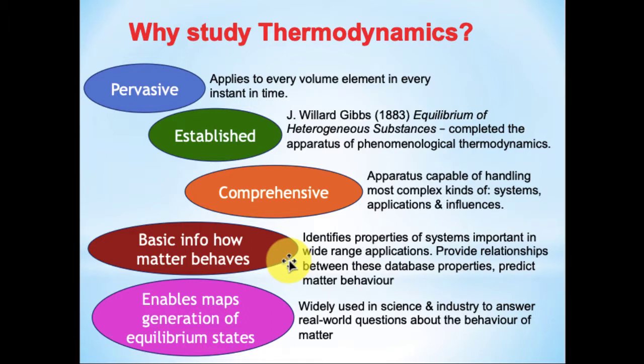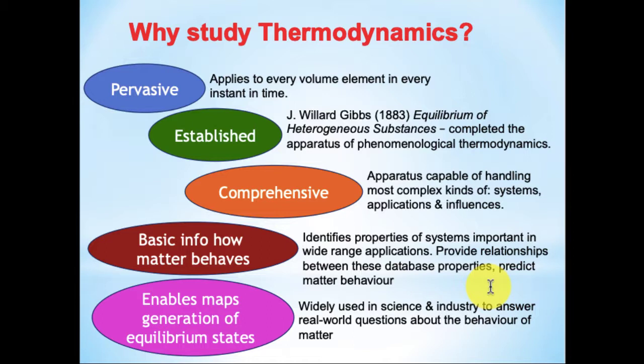And then we have thermodynamics provides the basis for organizing information about how matter behaves. Thermodynamics identifies the properties of systems that are scientifically and technologically important in a wide range of applications. It identifies the subset of these properties that are sufficient to compute all the others.